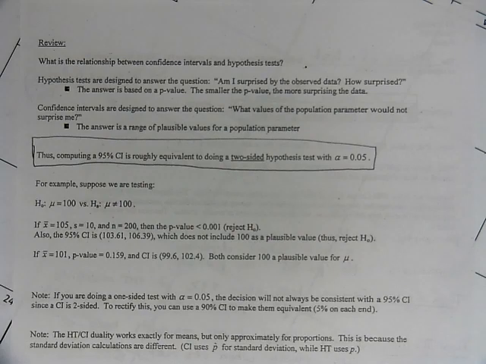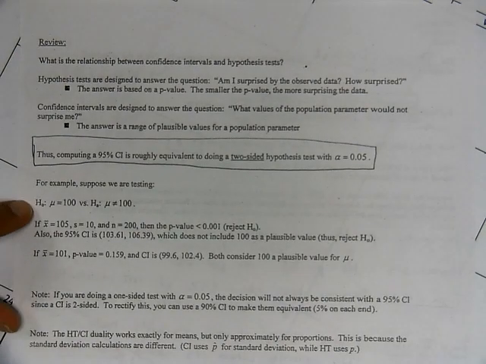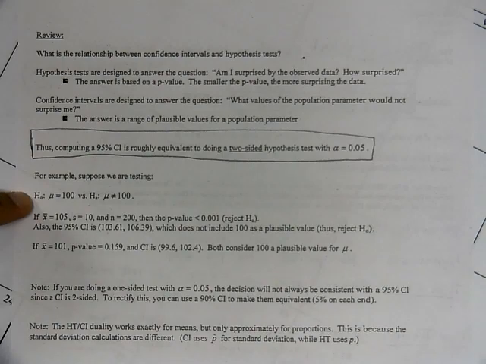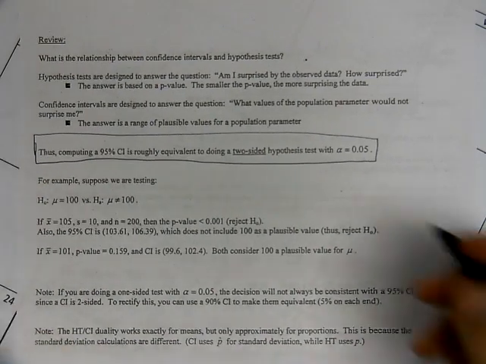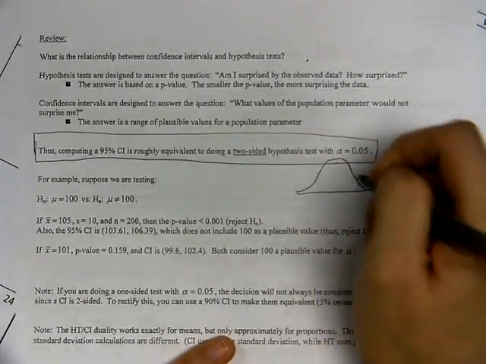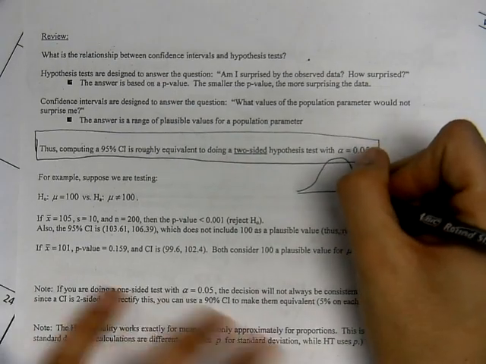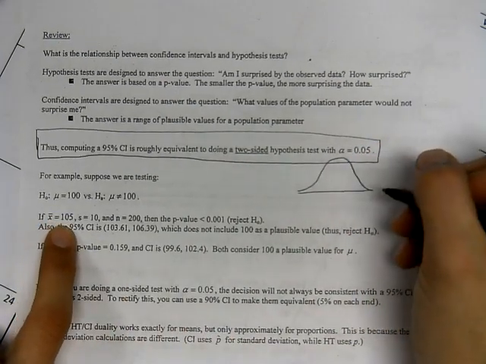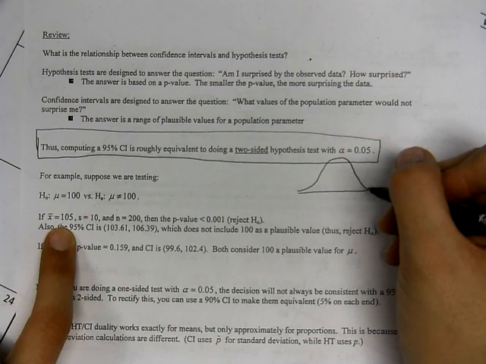Computing a 95% confidence interval is equivalent to doing a two-sided hypothesis test with alpha 0.05. So here's kind of how I think about it. Here's our hypothesis test. Suppose we're trying to figure out, is the mean 100 or is it not 100? If you had a normal distribution, this is kind of why I make you draw a picture, let's pretend your sample, x bar, was 105.